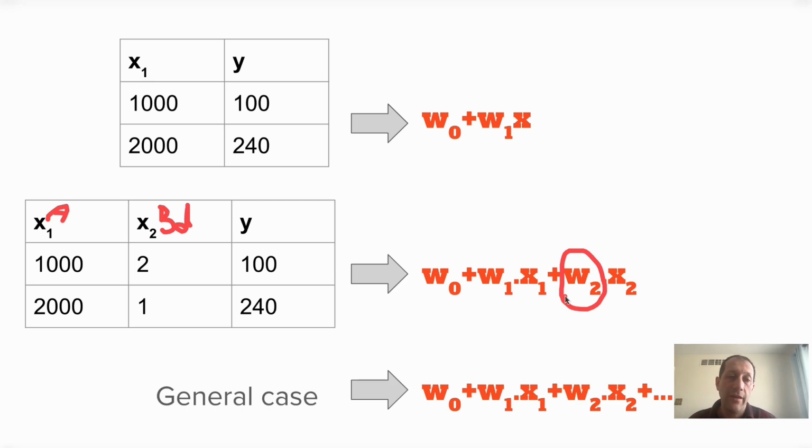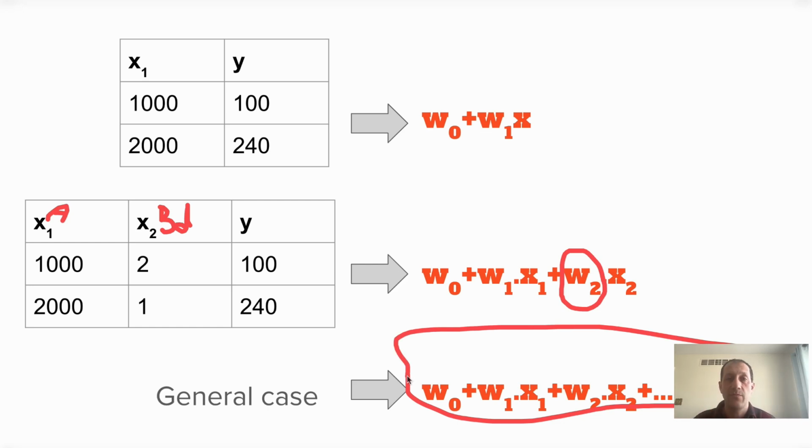And in a general case, you could have N features, you could have 1,000 features, and all that's happening is that this model is getting larger and larger, but you use the same recipe, the same algorithm to update all of this. And that's really where the power of machine learning comes in, scaling of it. Maybe the core concepts are primitive and simple, but when you scale it, it gets more and more powerful.